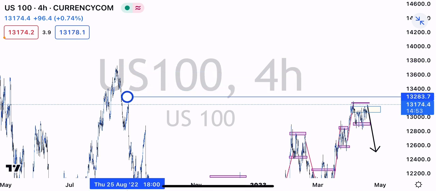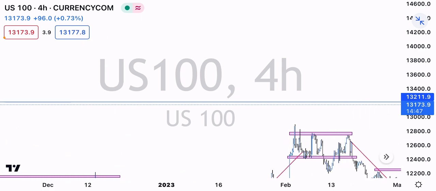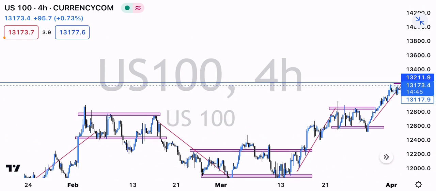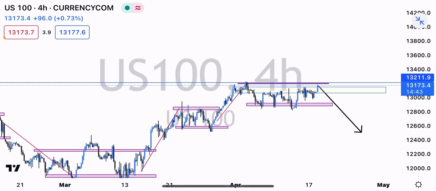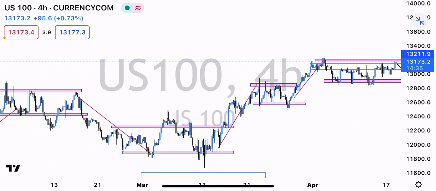You understand? So now let's say we are here and having a double top, which can simply tell us that the market has a high chance of dropping from here. Plus it's been consolidating and going up, consolidating and going up. Our previous consolidation was up.